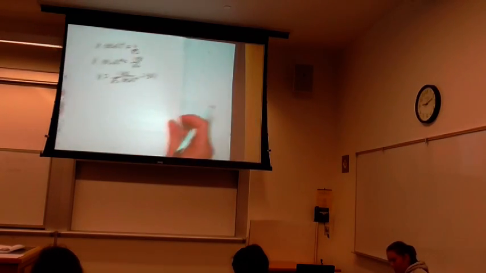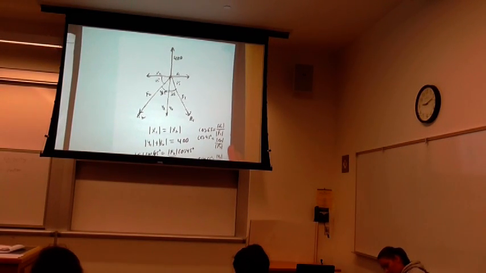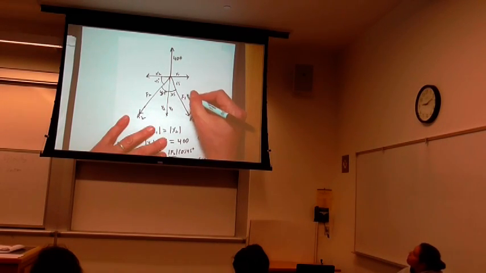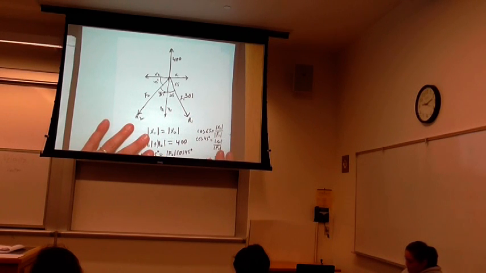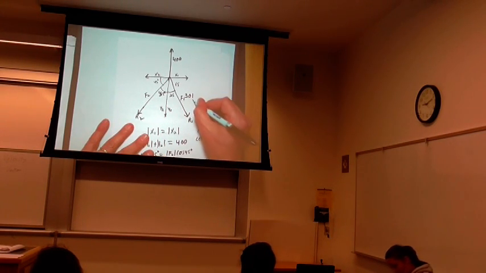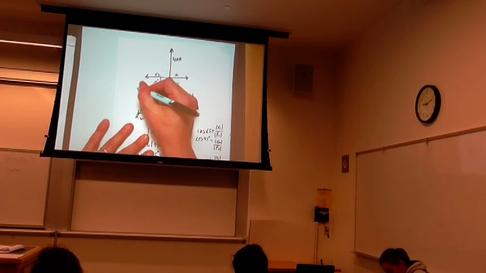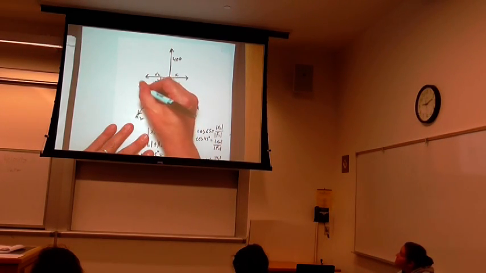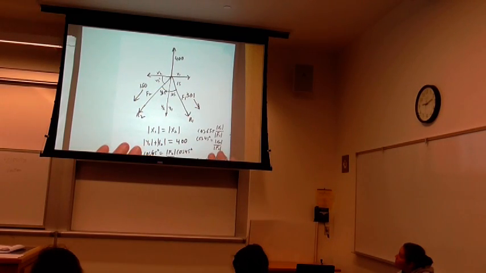Okay, let's go back to our original diagram just to do kind of a sanity check here. So F1, that's 301 pounds that I'm pulling in that direction. F2, that's 180 pounds pulling in this direction.